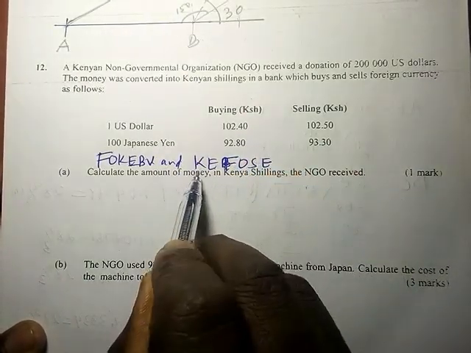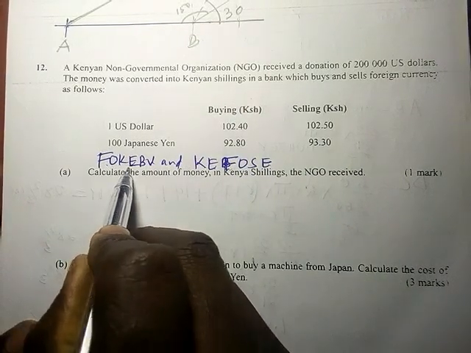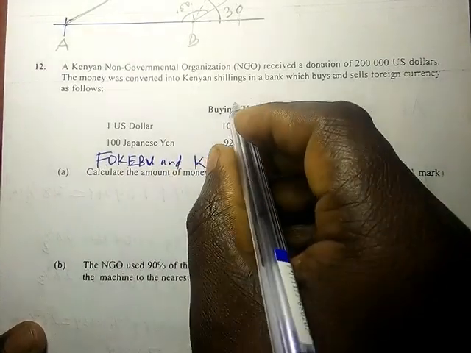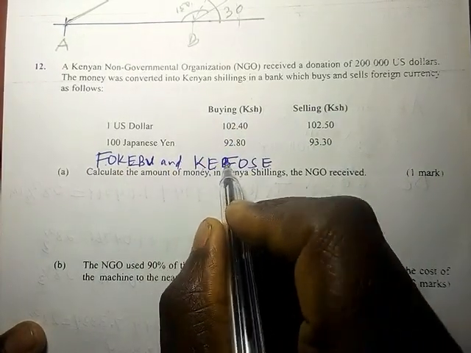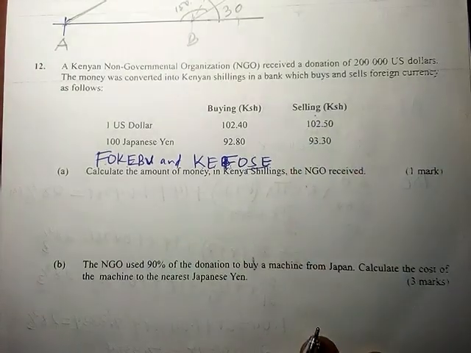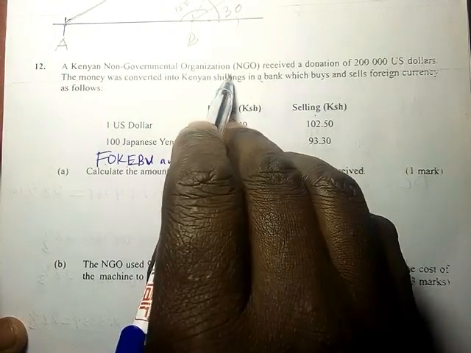When you want to change Kenya to foreign, you use the selling column. Foreign to Kenya, you use the buying column. When you change Kenya to foreign, you use the sell column. So this one is foreign, and it is being changed to Kenya.